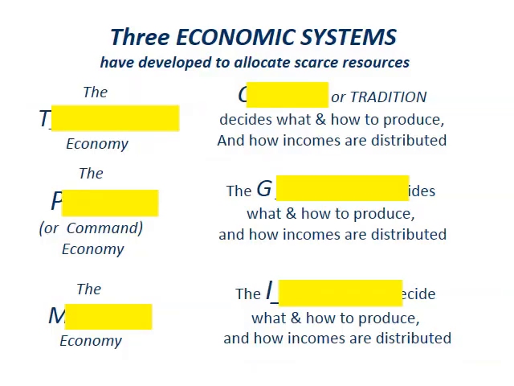Now, three economic systems have evolved or developed in order to allocate these scarce resources. And the first is based on custom or tradition. So it's known as the traditional economy based on custom.